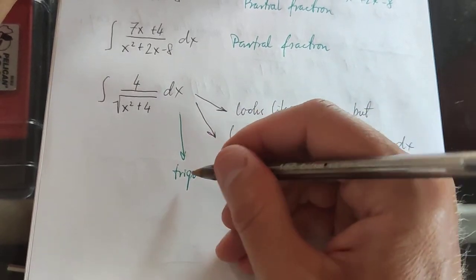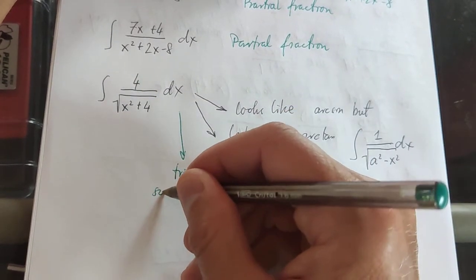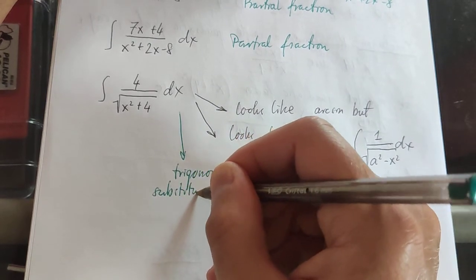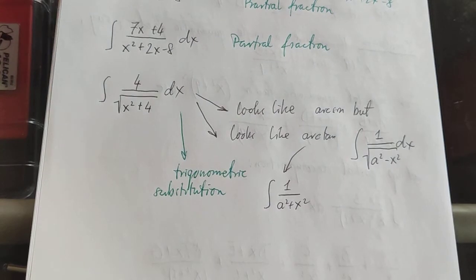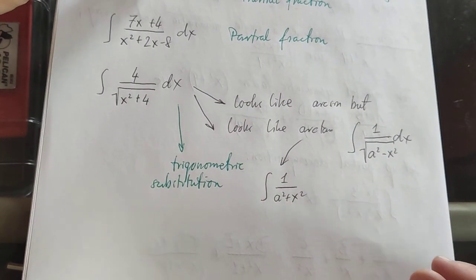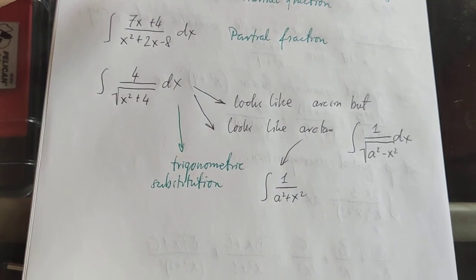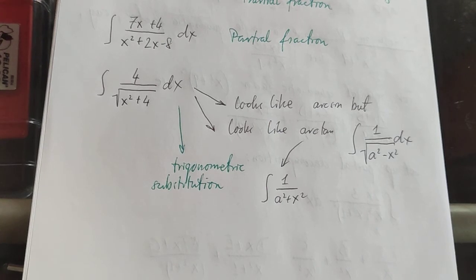Nothing too difficult: trigonometric substitution. Okay, so that's it. I hope that was clear. There was a lot of pre-calculus and algebra, and not too much calculus. Anyway, I'll see you next time.